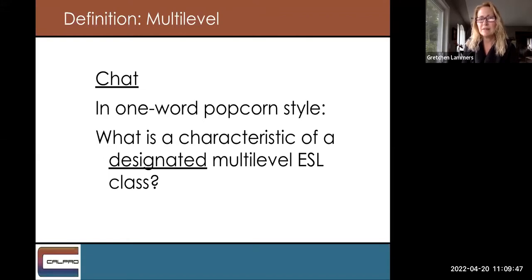Designated is underlined there. That means that the class appears in its course outline, the course subject that goes to the state. It says that it's multi-level. That means anybody from a beginning level to advanced can be dropped into your class and, wee-haw, there you go. So go ahead, I'm going to pull up the chat and see, I see some responses coming in.